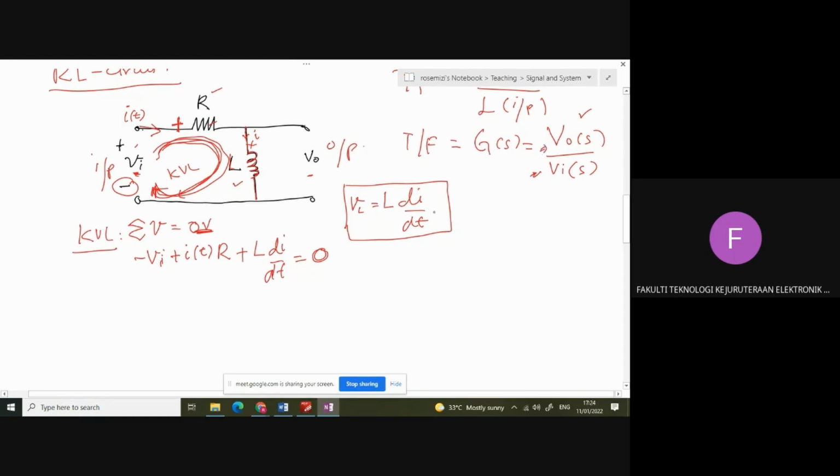So what is our Vout? Vout is here, parallel with the inductor. So Vout equal to the voltage drop at the inductor, VL, which is L di over dt.